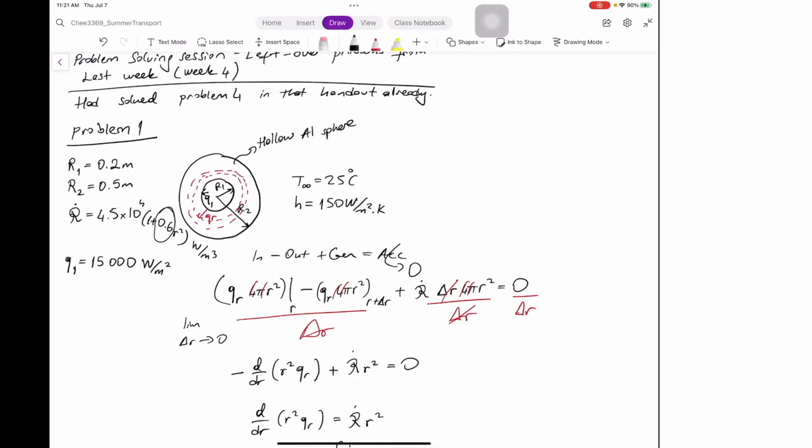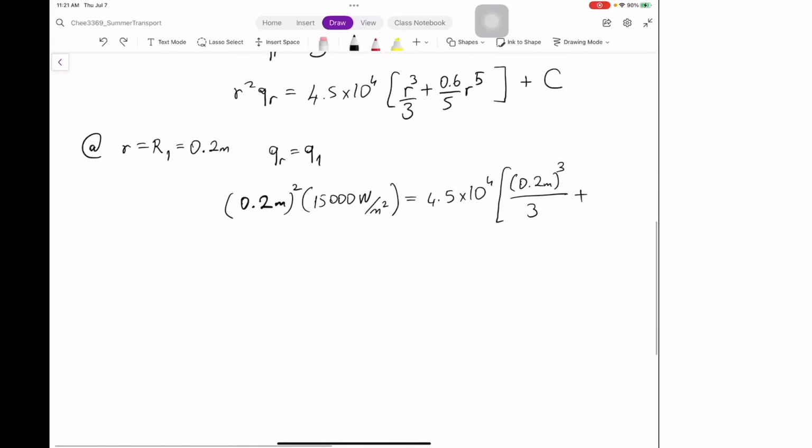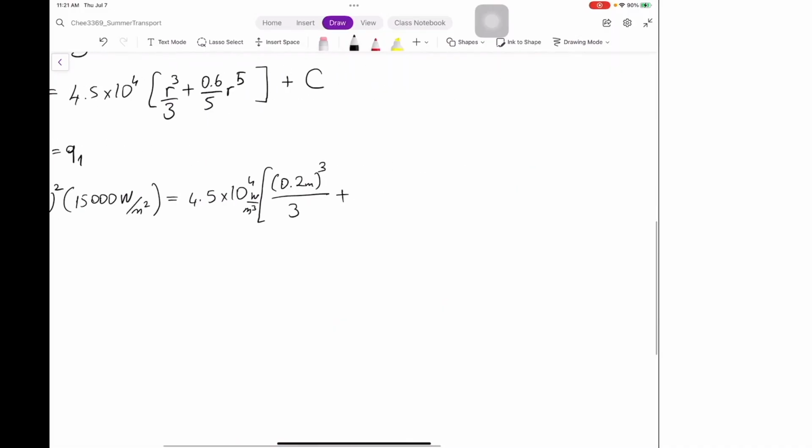But the 0.6 must also have units. It must be 1 over meter squared to make this unitless. Watt per meter cubed plus 0.6 divided by 5 times 0.2 meters to the power 5, plus C.